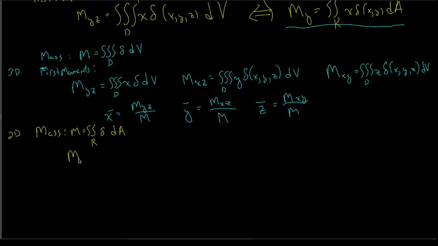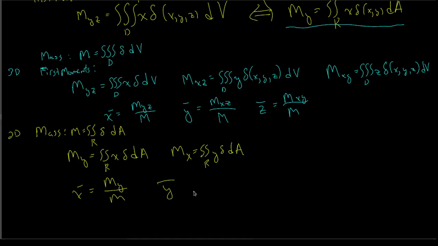And then the moment about the y-axis, which was the region integral x times the density function, the moment about the x-axis, which is the region y times the density function integrated across the area. And the center of mass in the x direction was the moment about the y-axis divided by the total mass. And the center of mass y value was the moment about the x-axis divided by the total mass.